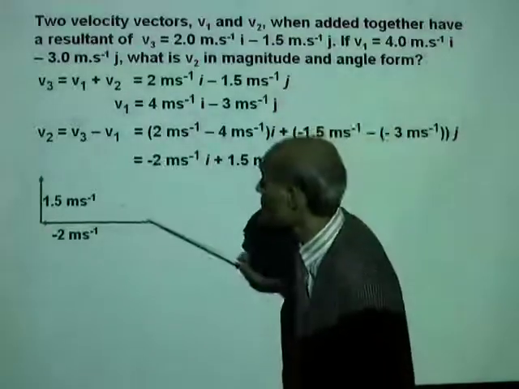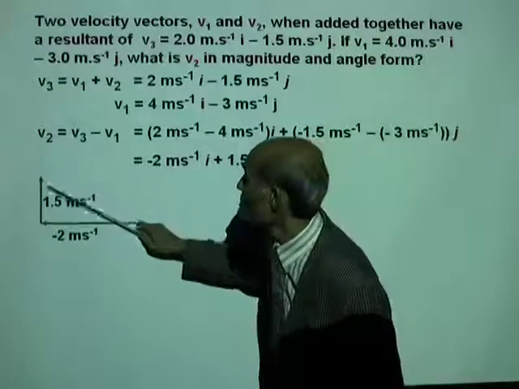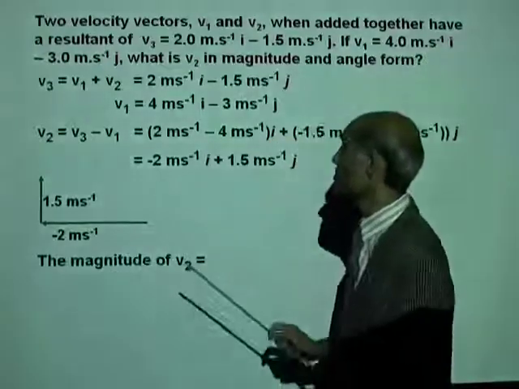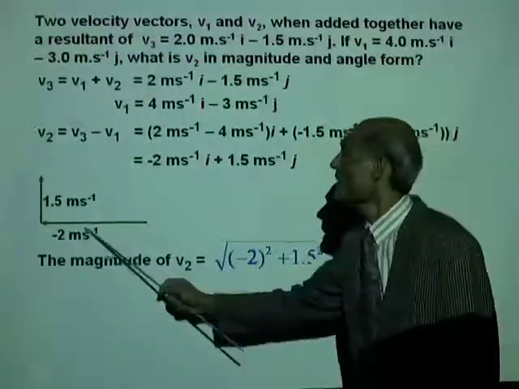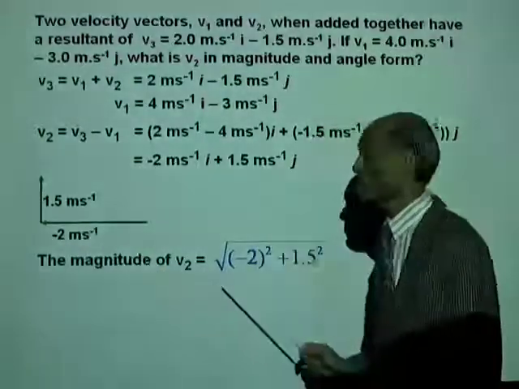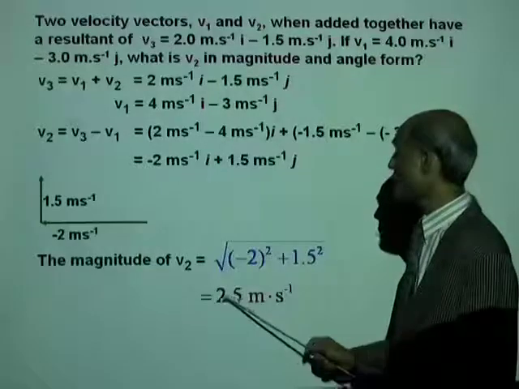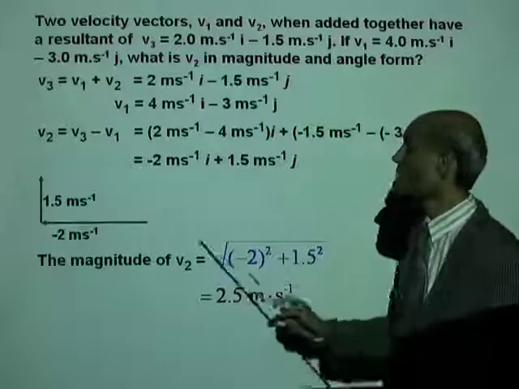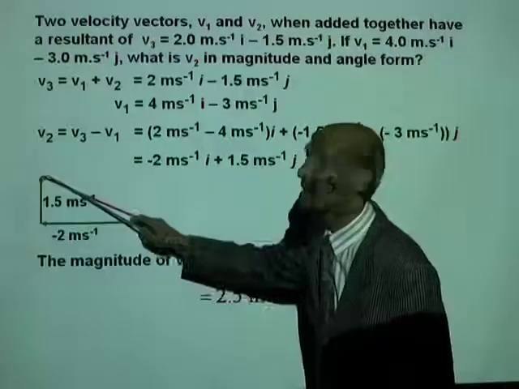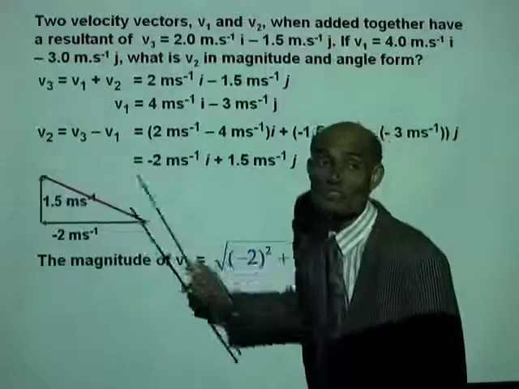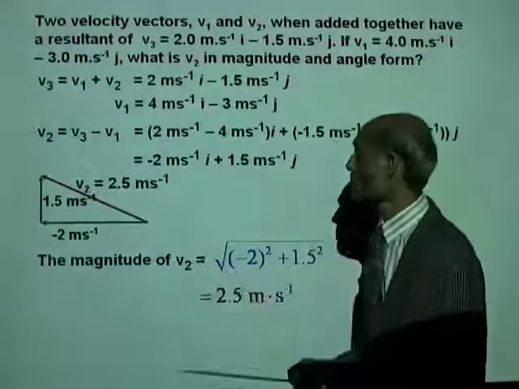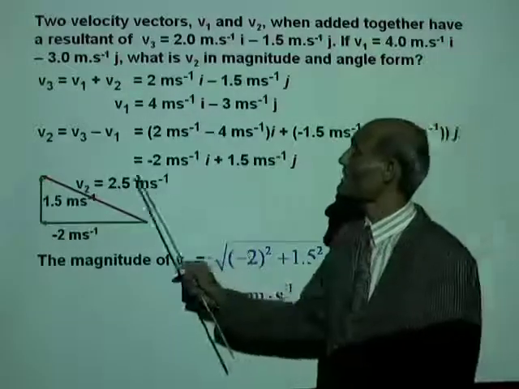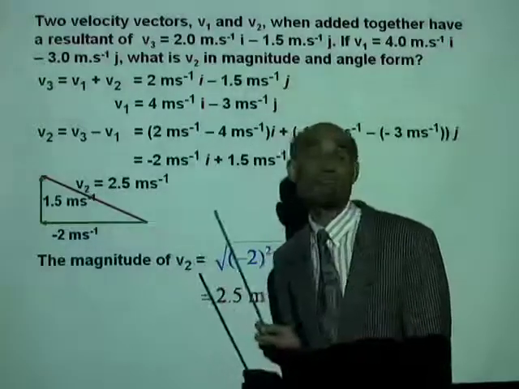Therefore, the vector v2 will be this vector. The magnitude of v2 is the square root of x squared plus y squared, and that will be 2.5 meter per second. This is your vector v2. So v2 equal to 2.5 meter per second is the magnitude.